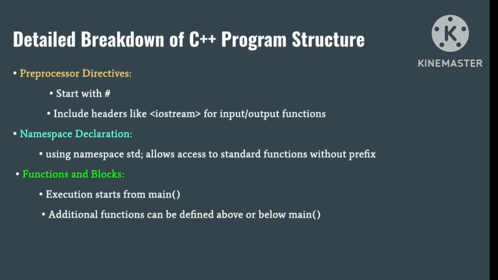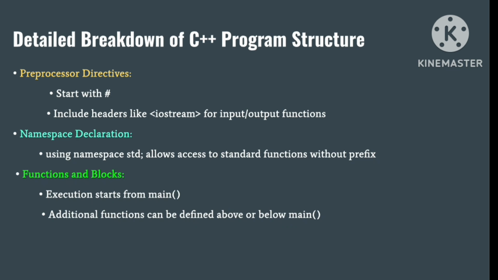Here is a detailed breakdown of a C++ program structure. We have already learned what a preprocessor directive is, what the namespace declaration is, and what functions and blocks are. A preprocessor directive always starts with a hash symbol. It includes header files, so iostream stands for input and output functions. Then the namespace declaration allows access to standard functions without writing the prefix, which is std. Then come functions and blocks.